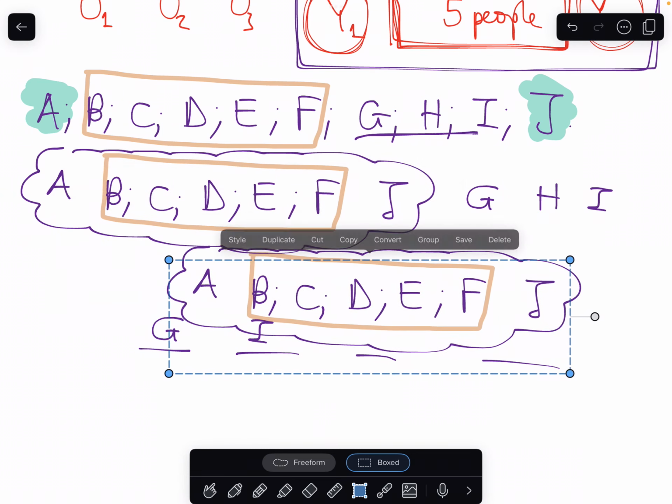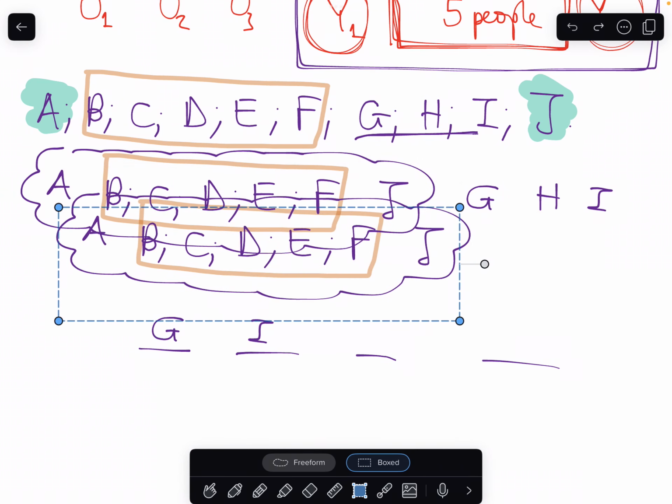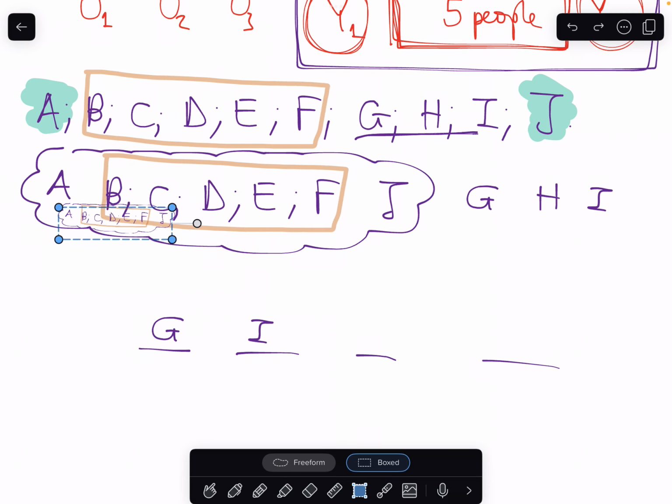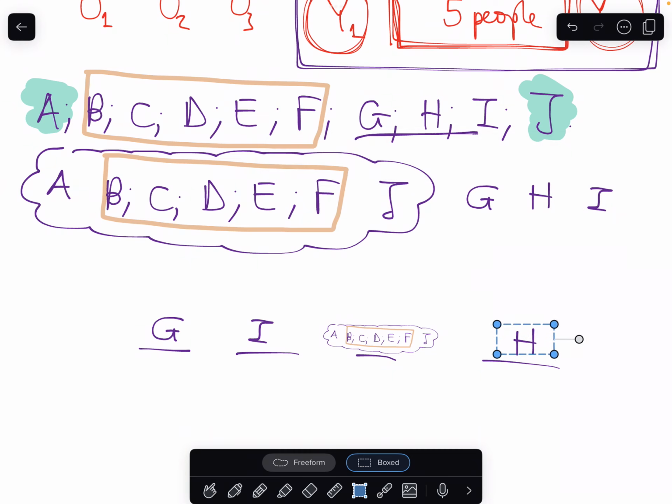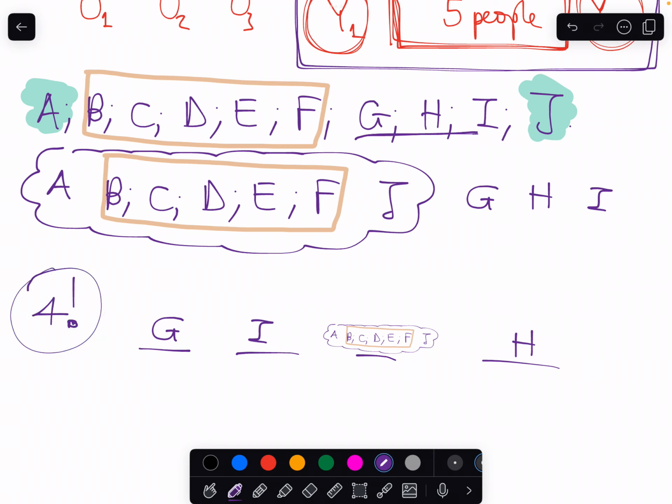Okay, we're just going to shrink it to its tiniest. All right, and then in the last slot we'd only have one option left. There'd only be the H left. Okay, right, so that's where the 4 factorial is coming from, is the fact that there are 4 factorial ways to arrange these 4 items.